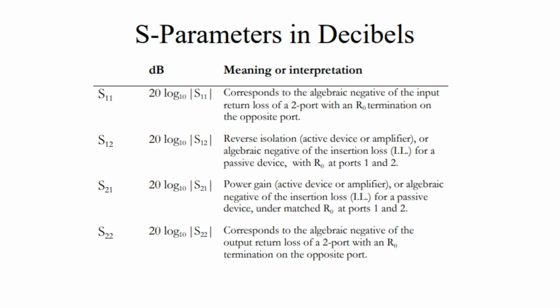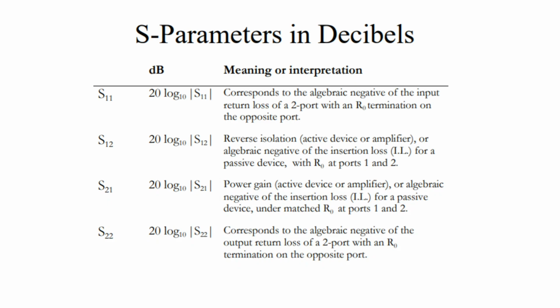So S parameters in decibels. If we express the S parameters in decibels, S11 is equal to 20 log base 10 modulus of S11. It corresponds to the algebraic negative of the input return loss of a two-port with an R0 termination on the opposite port. And S12 value is equal to 20 log base 10 modulus of S12. This is the reverse isolation or algebraic negative of the insertion loss for a passive device with R0 at ports 1 and 2.